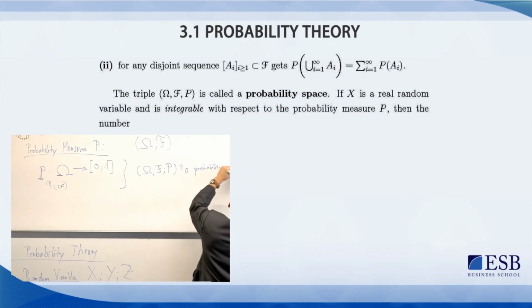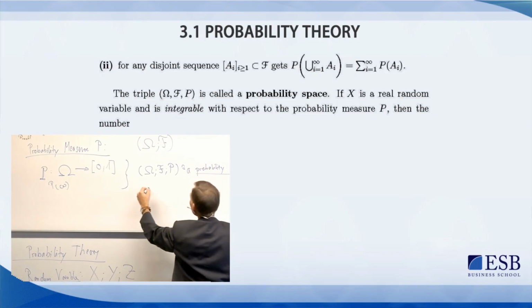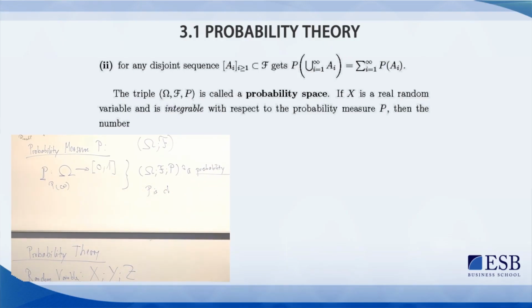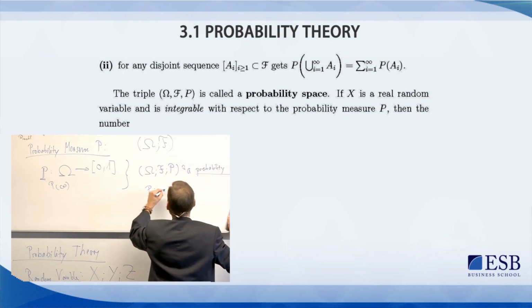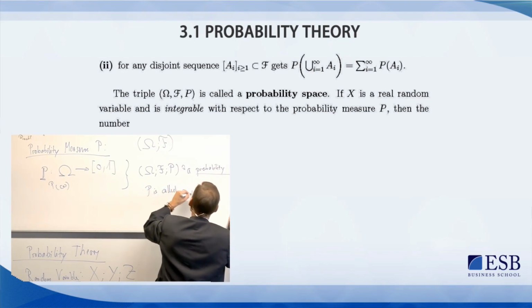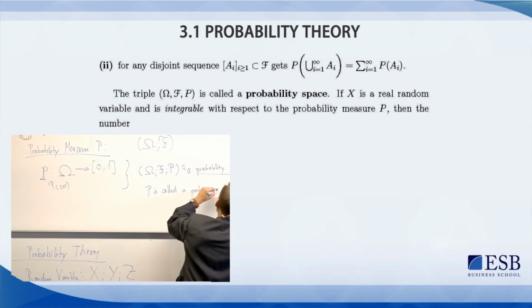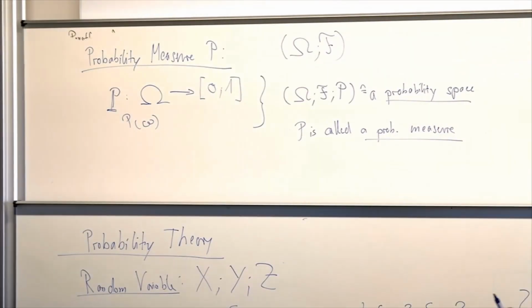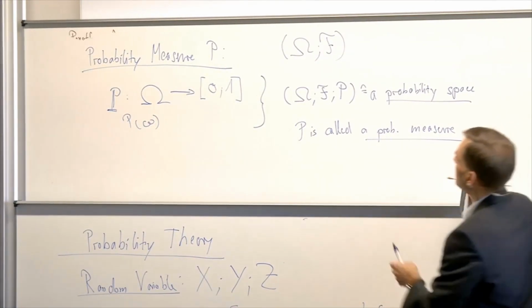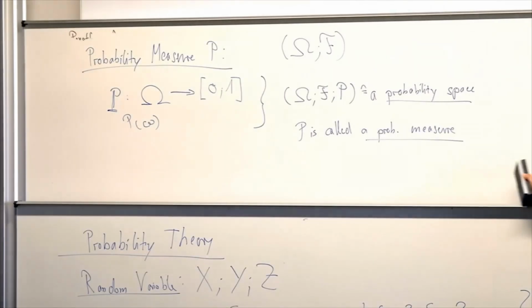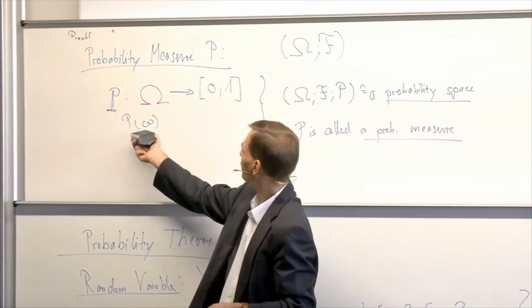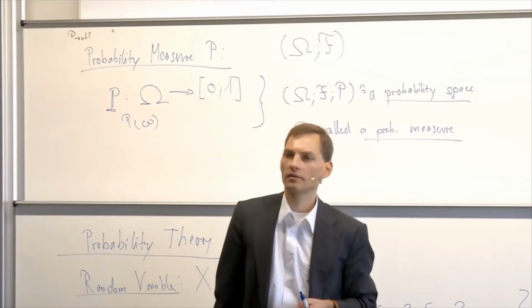P is called a probability measure. So omega, F, and P is what we call a probability space, and P is the probability measure. And in the end, it's a function, like f of x, f of the event small omega.